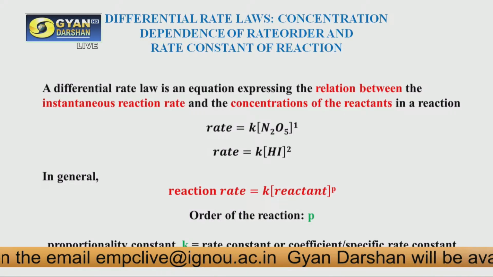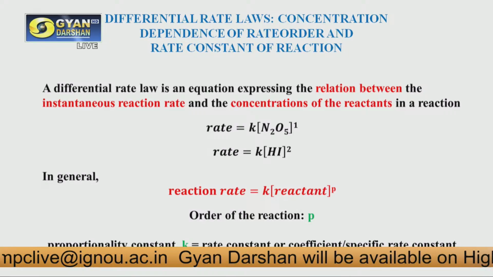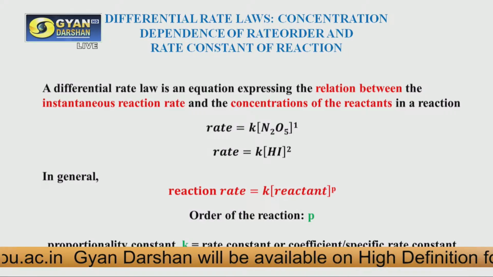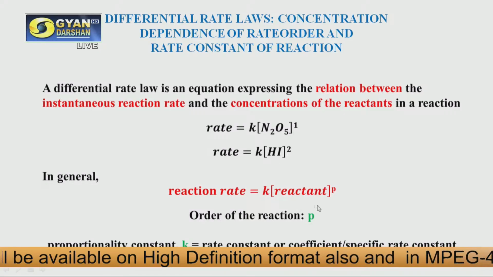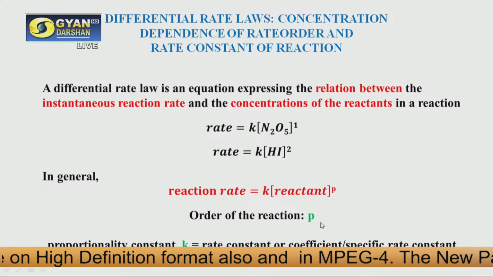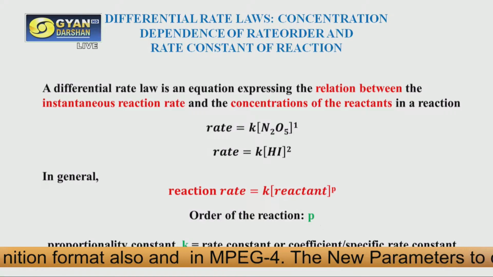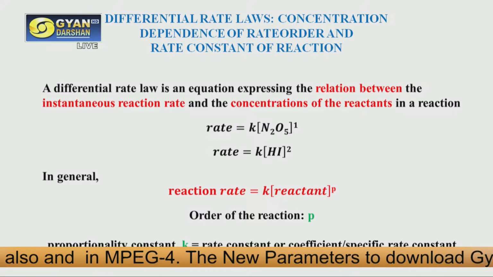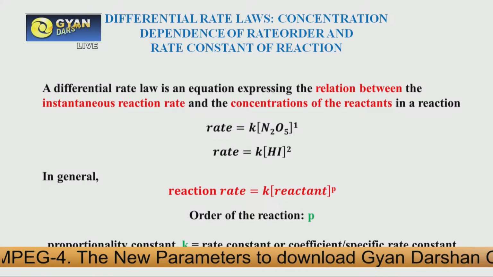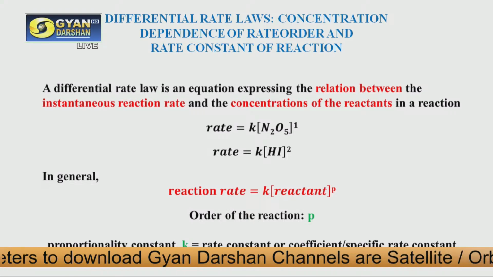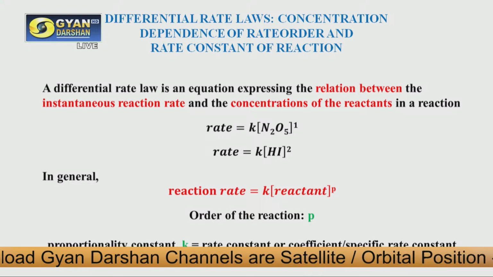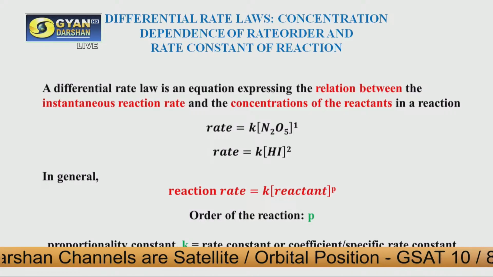Here, for a simple reaction, A giving the product, this order is denoted by P, the power of the concentration. And here K is introduced as the rate constant or the rate coefficient. Sometimes it is called the specific rate constant.